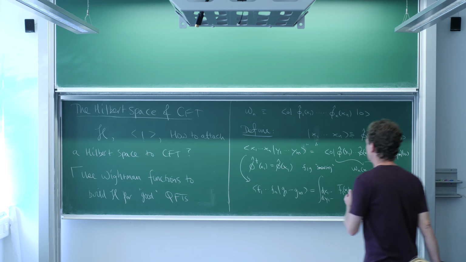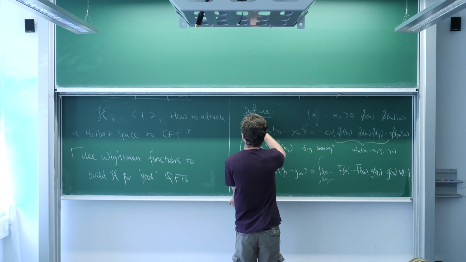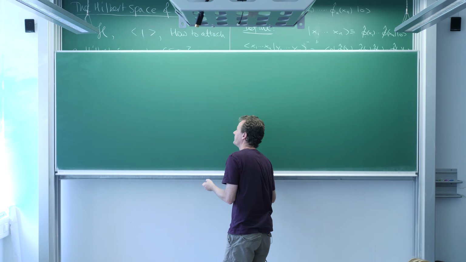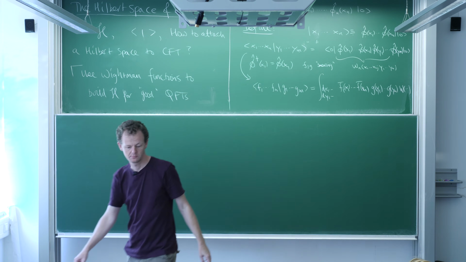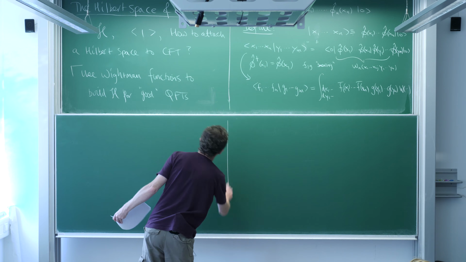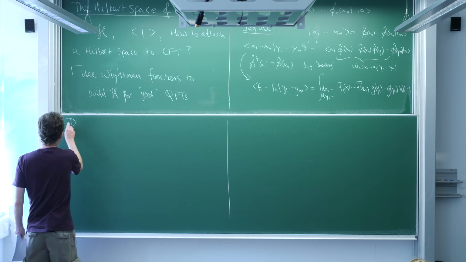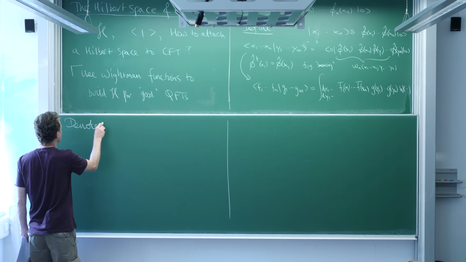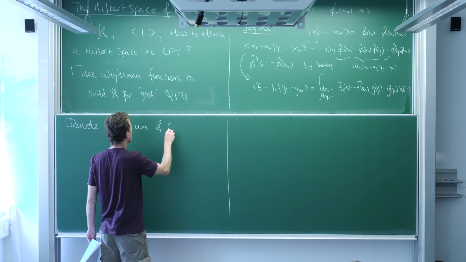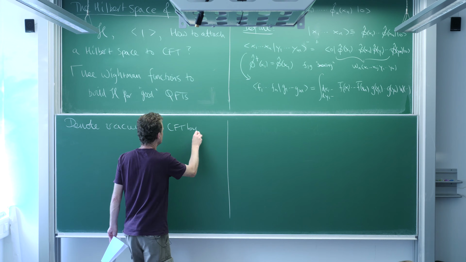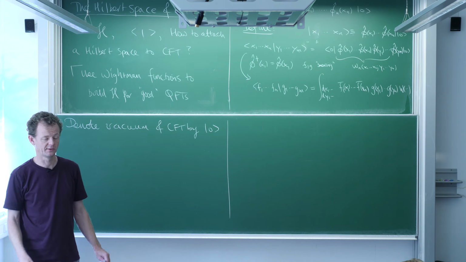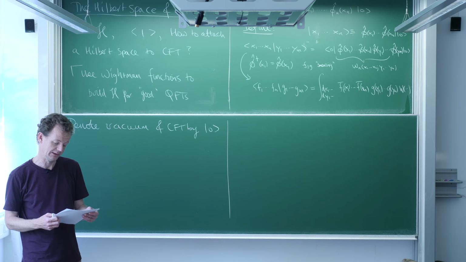So let's get to it. Our first piece of notation is to just denote the vacuum of our CFT as |0>. This is the interacting vacuum.